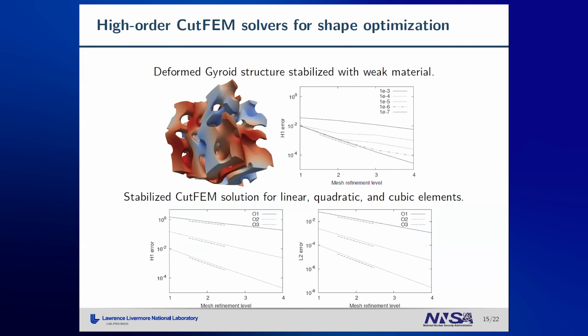It is tempting to use the standard stabilization which is used in topology optimization, where we use weak material in the cut cells. However, I should warn that actually this is not consistent, and so we have to be very careful about the value of this stabilization. We can use consistent stabilization and get high order convergence for our solvers.